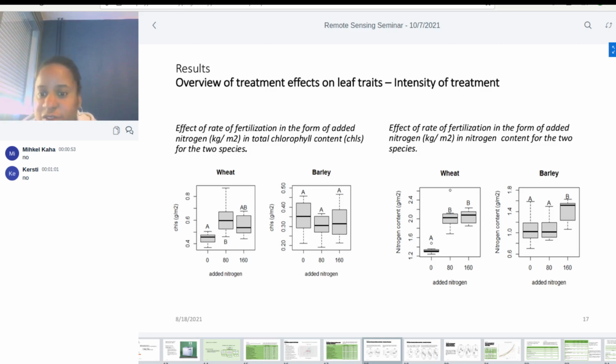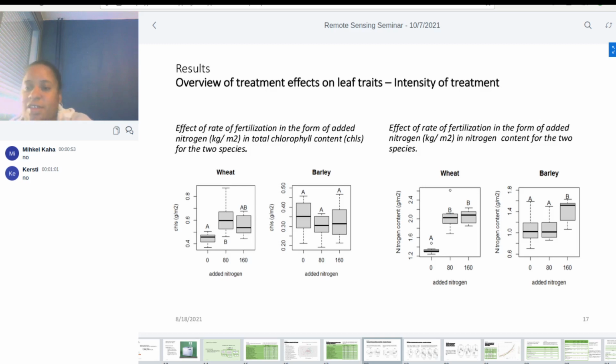In the case of wheat, the total chlorophyll content increased with the increase of the added nitrogen. But in the case of barley, there was not really a significant difference across the three levels of fertilization that were used.